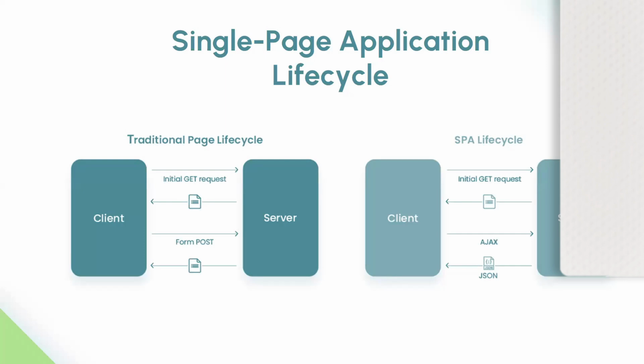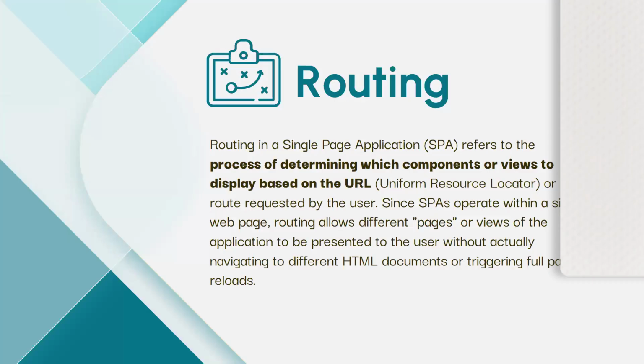So then the server is responsible for sending the relevant information to the client or browser in our case, so that we can determine or rather render that component. So routing is the process of determining what is that component. In our case, it is contact us.